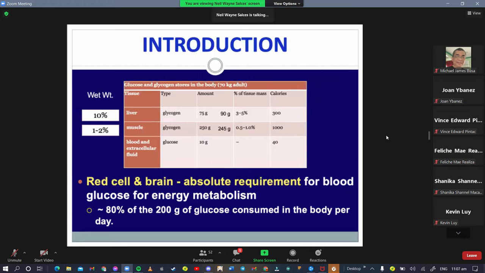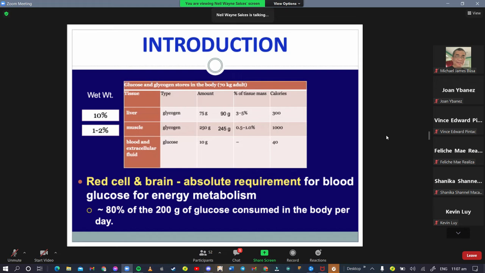In red cells and in the brain, there is an absolute requirement for blood glucose to be used for energy metabolism. About 80% of the 200 grams of glucose consumed in the body per day is used by these tissues, which is a big amount.